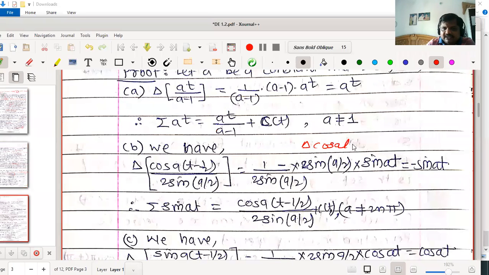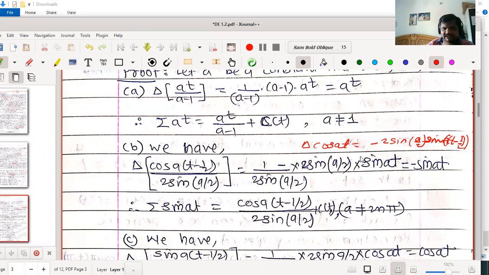Delta of cos at equal to minus 2 sin a by 2 into sin of a into t minus 1 by 2. That formula was there, I think, right?